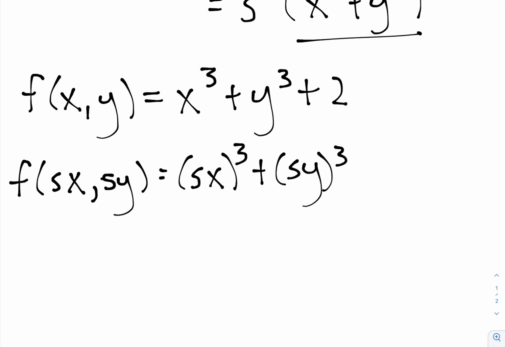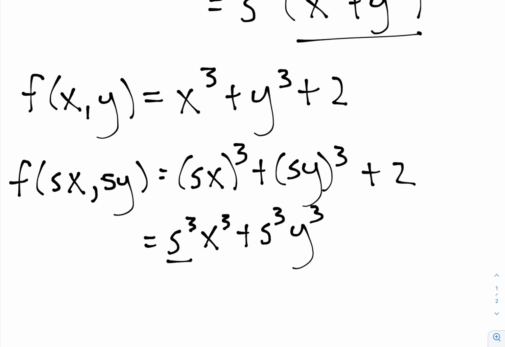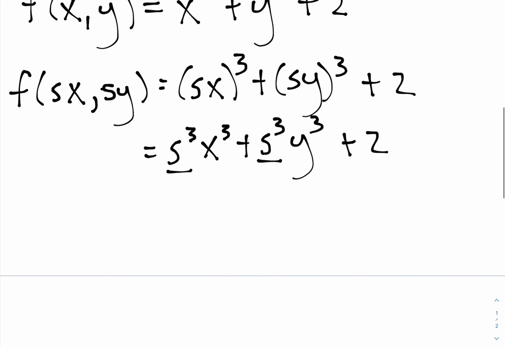See how this 2 up here is not a variable? It's a constant. So no matter what we multiply the components x and y by, it's going to remain unaffected. So this is just going to be 2. So this is s cubed x cubed plus s cubed y cubed plus 2. We can factor out an s cubed for the first two, except we got this plus 2 hanging on here, and we're not going to be able to factor it out.